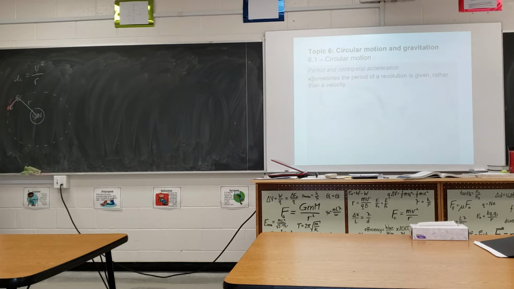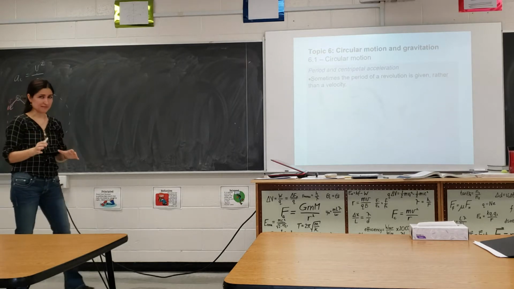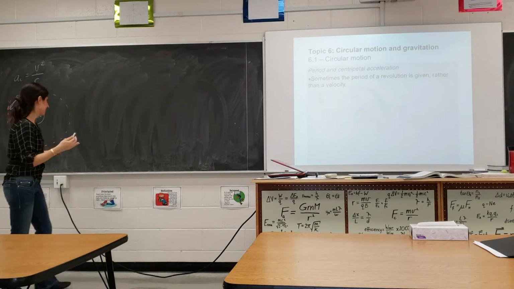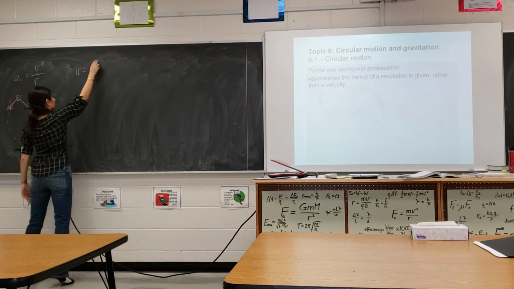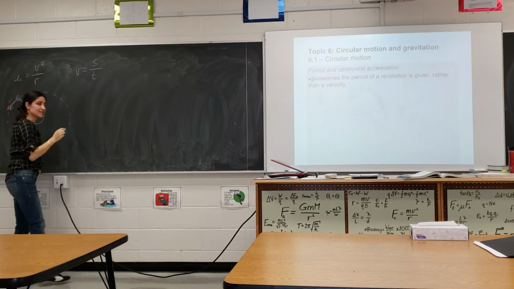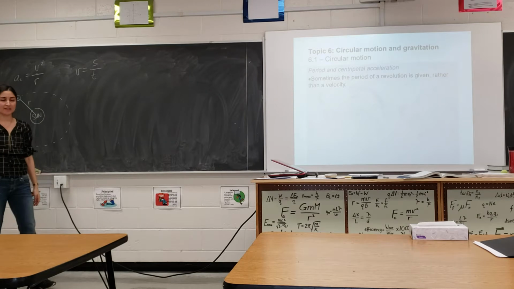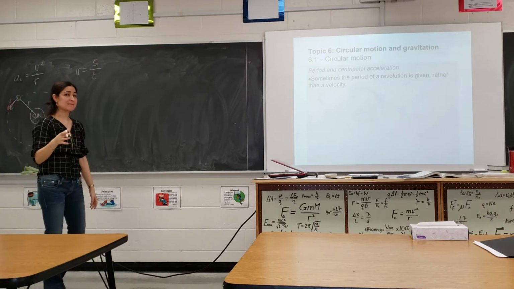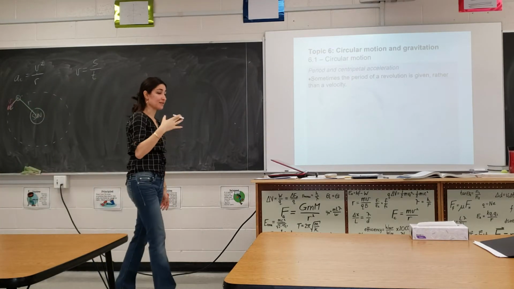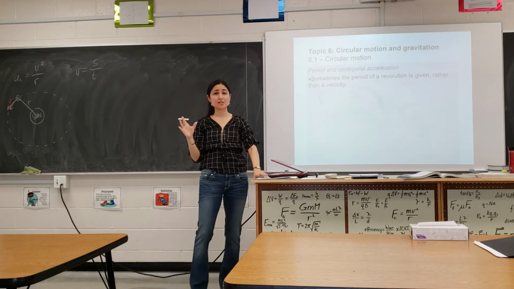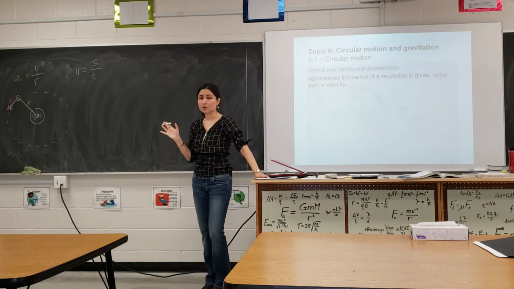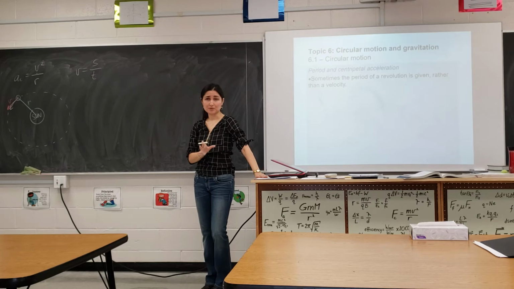Now, speed. The very first formula you learned in grade 11 physics was this one. Speed is equal to distance over time. And you were told many times through grade 11 and again in grade 12 physics, and I'm going to tell you again now, you can only use this formula when the acceleration is 0.